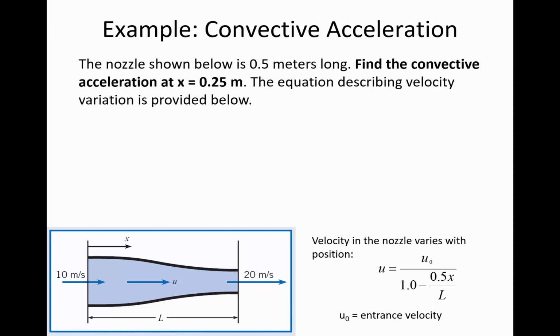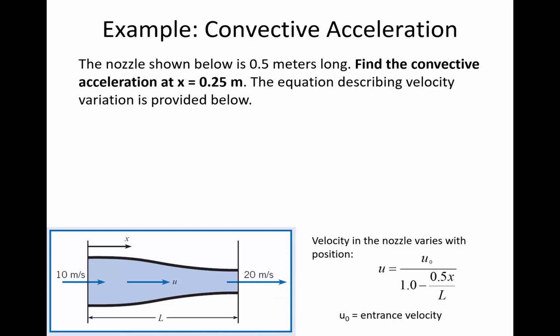Water is nearly incompressible, so if 1 liter comes in, 1 liter has to go out. But the difference between the inlet and the outlet is that the inlet has a larger diameter and the outlet has a smaller diameter. In this case, the water comes in at a velocity of 10 meters per second and exits at a velocity of 20 meters per second.